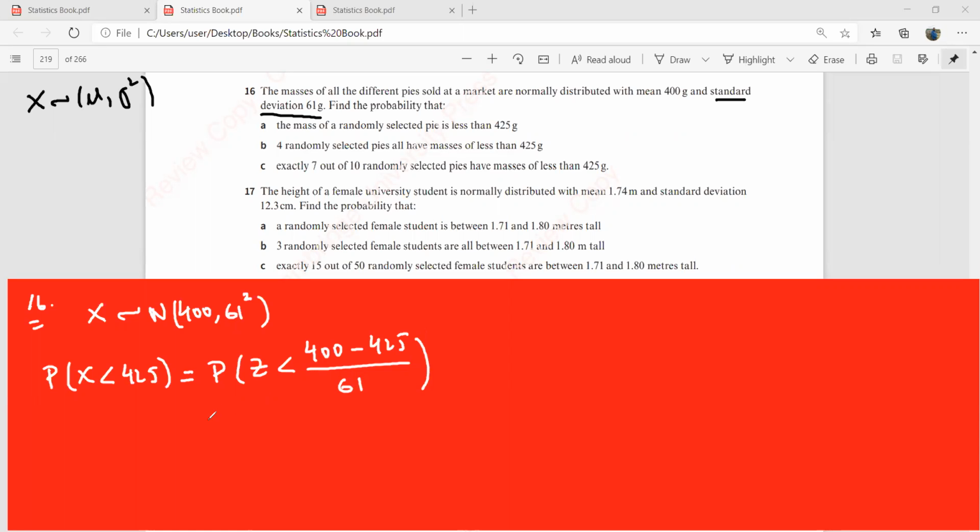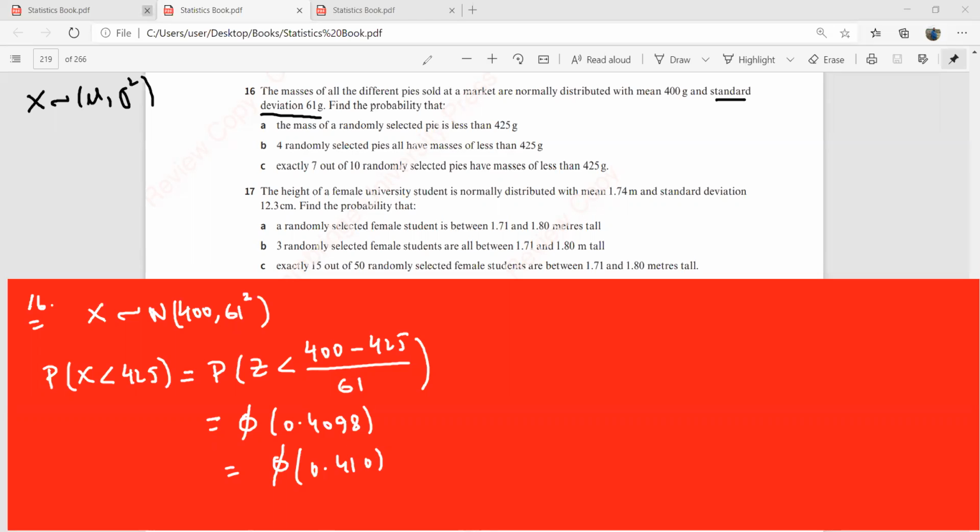Now let's use the calculator quickly. So this is 0.4098. So I can write it as phi of 0.4098, or this can also be written as phi of 0.410.